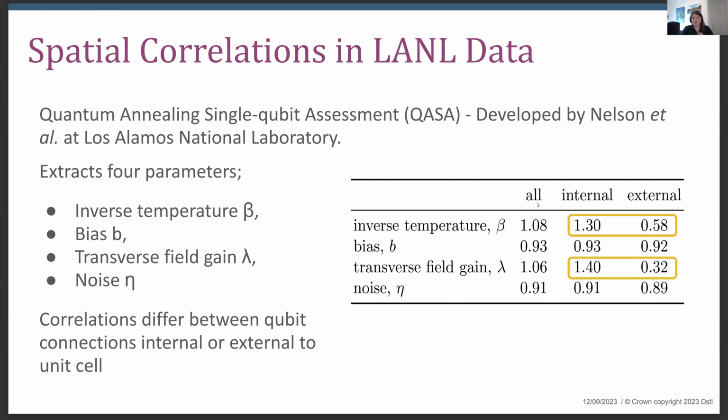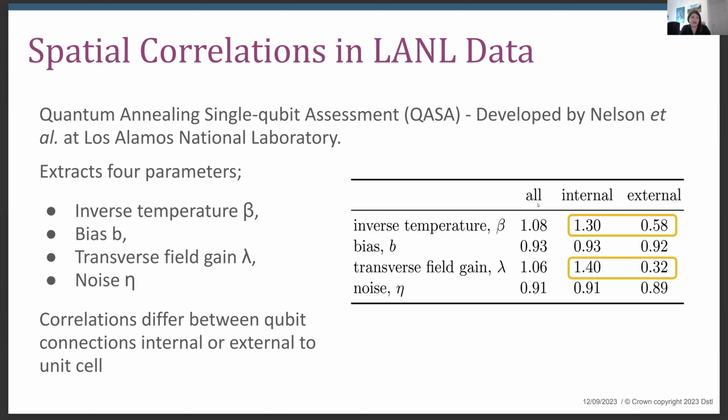And so at this point, I would thank them for that and for the advice they gave me as I was kind of progressing through this work. And I kind of took their data and wanted to investigate how the couplings between qubits may affect the correlation in these 4 values between related qubits.